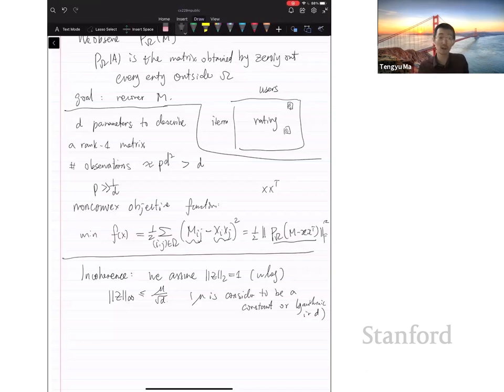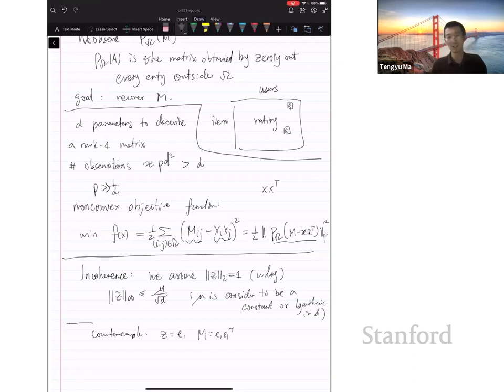The reason you don't want that is, for example, a counterexample: if z is just E1, then your M is just E1 transpose, which is just the top left corner of the matrix. You just have a very, very sparse matrix, and the top left corner is one. And then there's no way you can recover this matrix unless you observe that top left corner. So basically all bets are off.